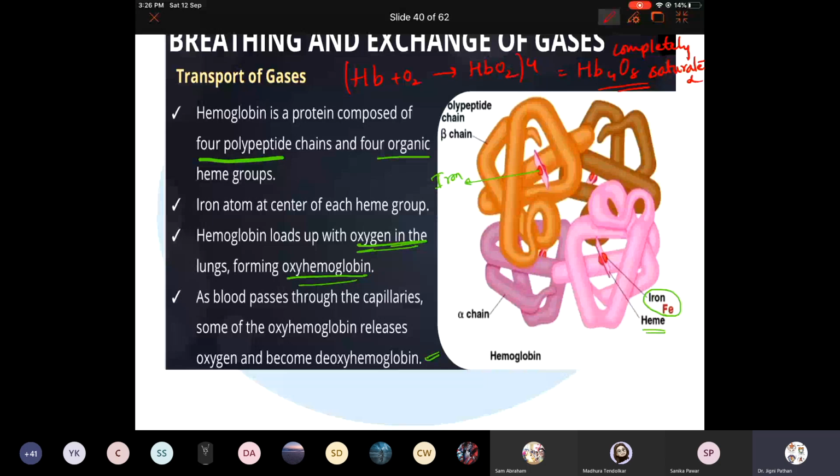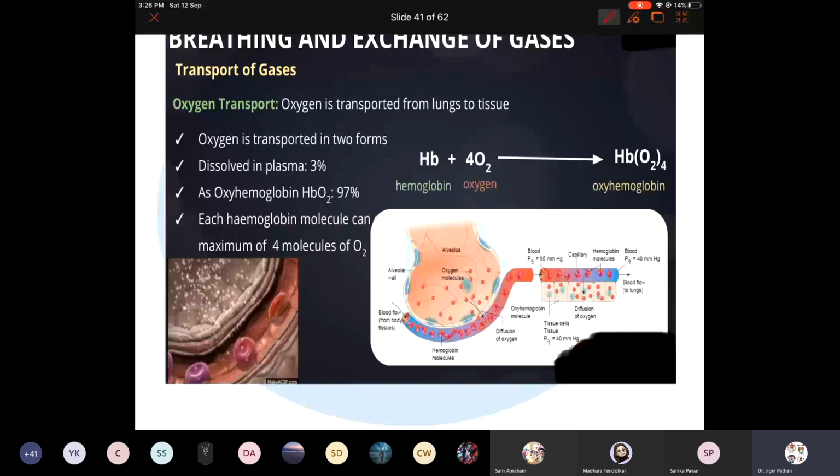Okay, next slide. Oxygen is transported from the lungs to the tissue. Oxygen is transported in two forms, in the plasma form and in the hemoglobin form. Each hemoglobin can carry a maximum of 4 molecules of oxygen. This we have studied.